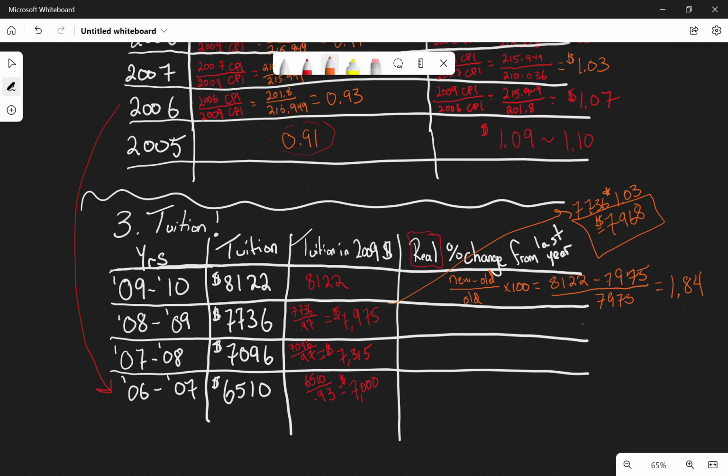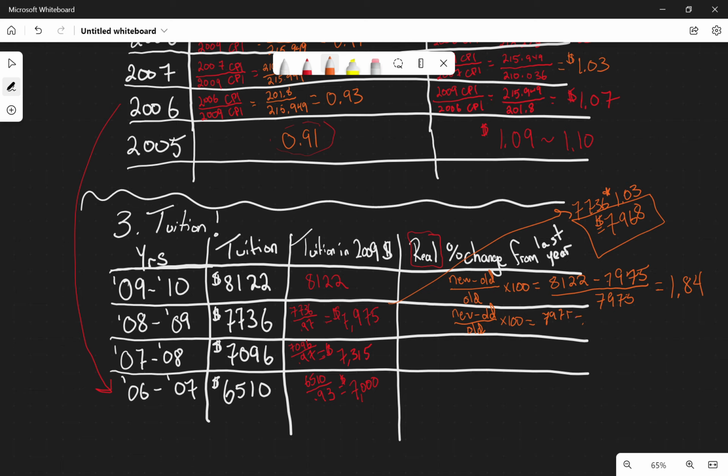Taking a look at the rest of them, it's going to be a similar thing. So this is going to be the new tuition, which is the $7,975.